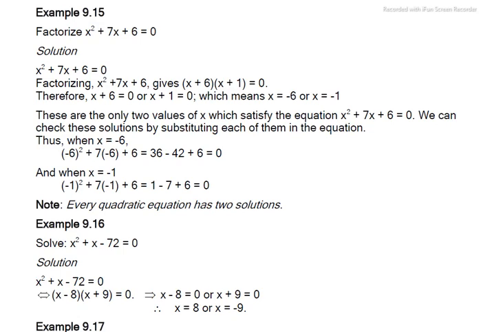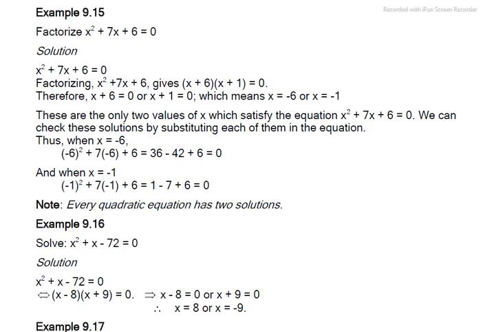So what is important here is you need to first know how we factorize quadratic expressions. After factorizing the quadratic expression and you get your two brackets, we equate those two brackets to 0, and then we consider them one by one to get the values of the unknown, or the roots that satisfy the equation.